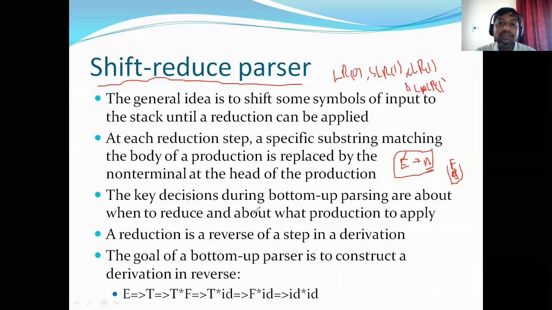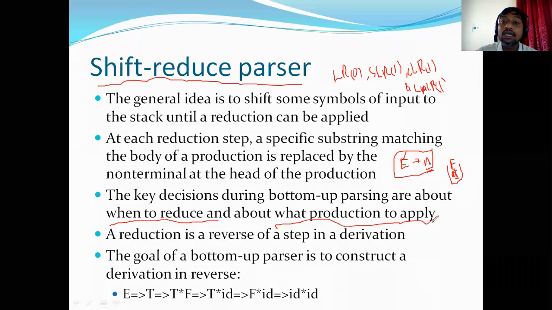The key decisions during bottom-up parsing are about when to reduce and what production to apply. This is the important thing. The key is when to identify the handle and when to perform the reduction, and which production rule to use while doing the reduction.